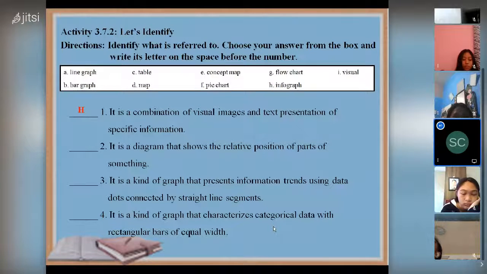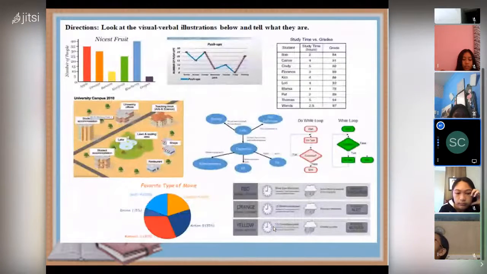So it is a diagram that shows relative position, where the parts are positioned. Go back to the picture. Which of these visual verbal illustrations is described in number 2? It is a diagram, so it's like a picture.